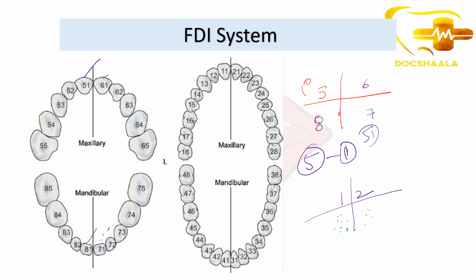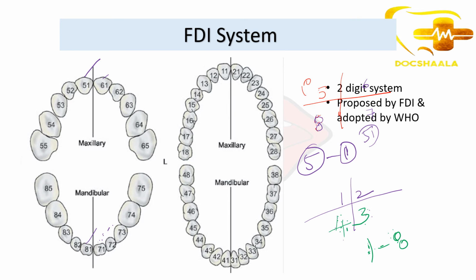The teeth are numbered from 1 to 8. 1 is the central incisor, and 8 is the permanent third molar. This is how we represent it in the FDI system. It is a 2-digit system which is proposed by FDI and adopted by WHO.